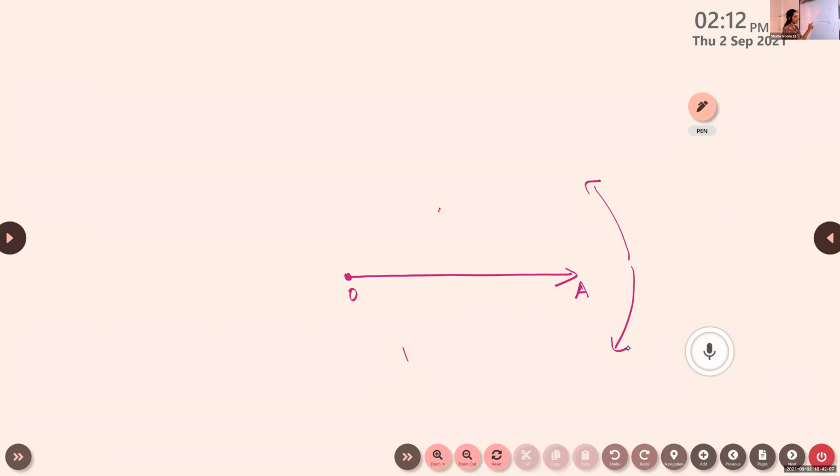This fixed point we call the vertex, and this we call the initial side. So it is the rotation of the ray with respect to the fixed point, the initial point. Suppose the ray is moving anti-clockwise, this is the angle formed.